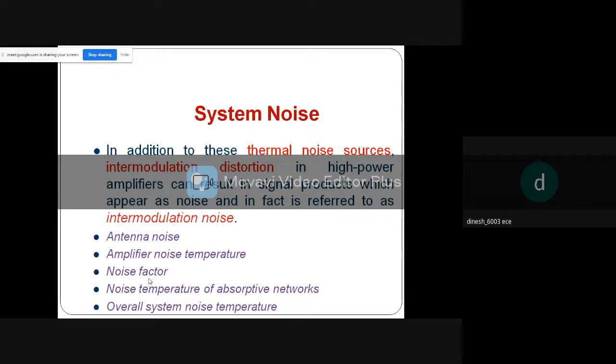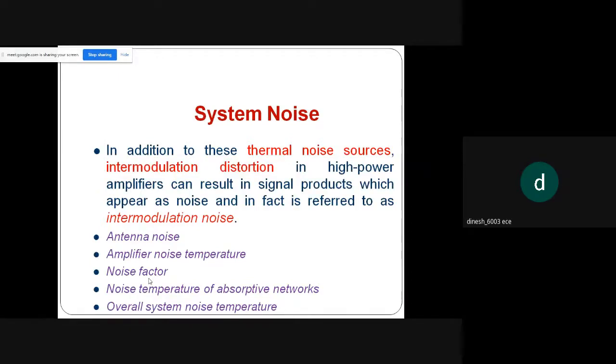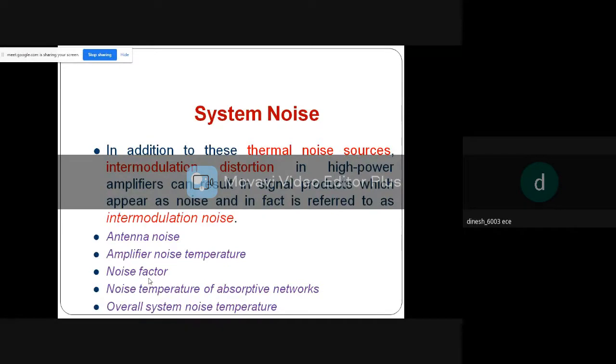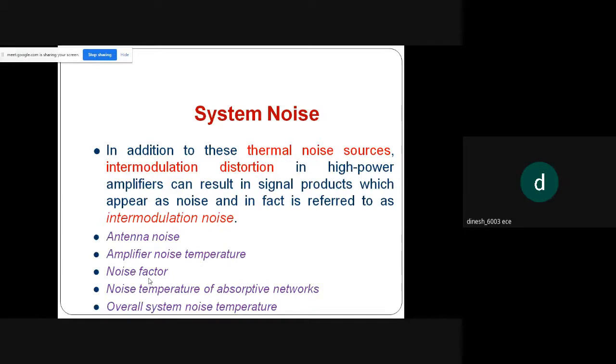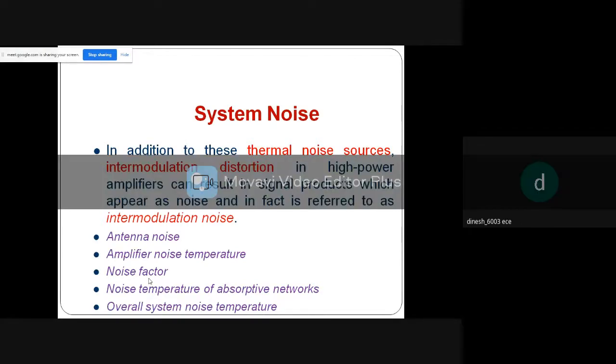So in addition to this thermal noise, we have another parameter to be considered, which we call intermodulation noise. In the satellite link design system, we need to consider this noise also, which is intermodulation distortion.